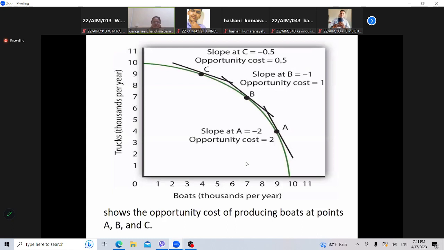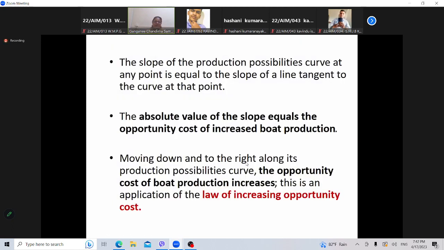So in one graph, I explain all. We calculate the slope, that is the opportunity cost. Then you can see opportunity cost of producing boats is gradually increasing. So the slope of the production possibility curve at any point is equal to the slope of the line.